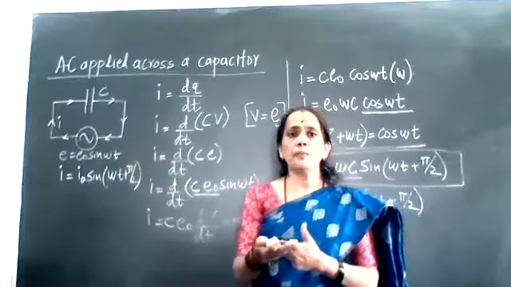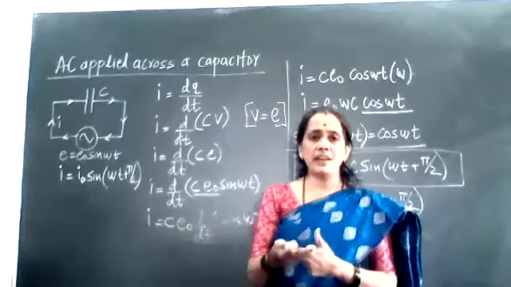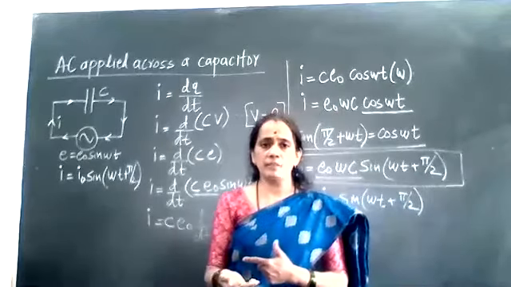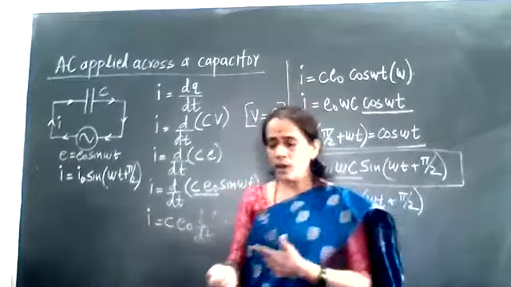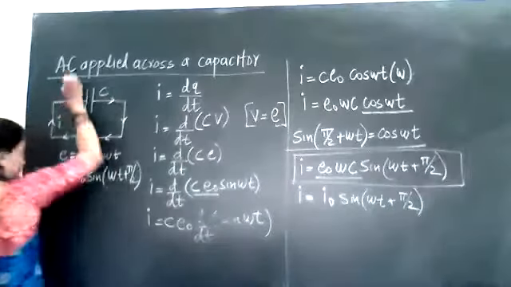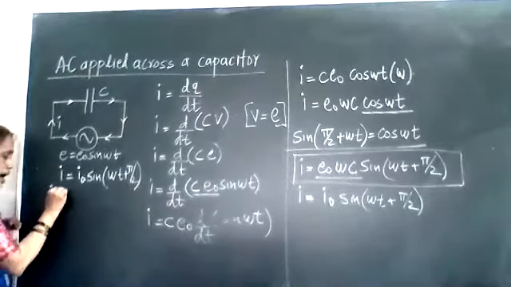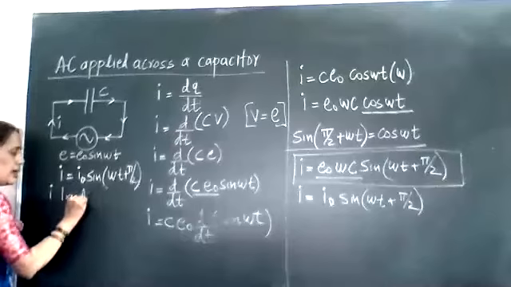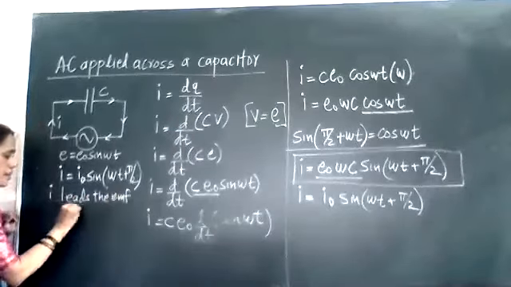So omega t plus pi by 2 means what? In a capacitive circuit, whenever it is applied across AC, the current will be in the leading stage. So I can write down here, in a capacitive circuit applied across AC, current I leads the EMF by angle pi by 2.